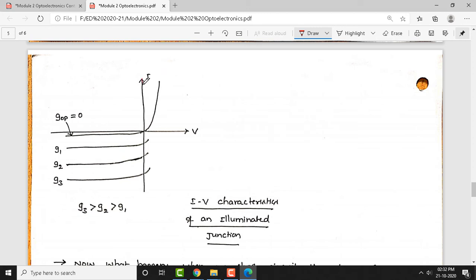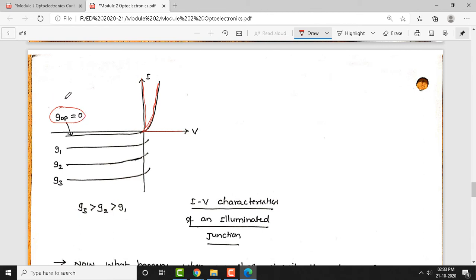The y axis is the current axis and the x axis is voltage, and a junction in forward bias behaves like this, exponential current flows in the forward bias. This is the forward current flowing, and in the reverse direction, when the voltage is made negative, there is a reverse saturation current when no photons are illuminated.